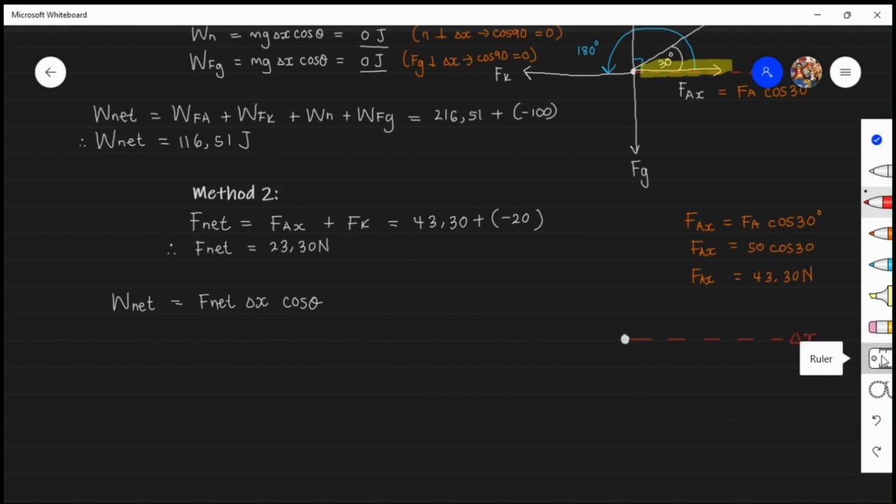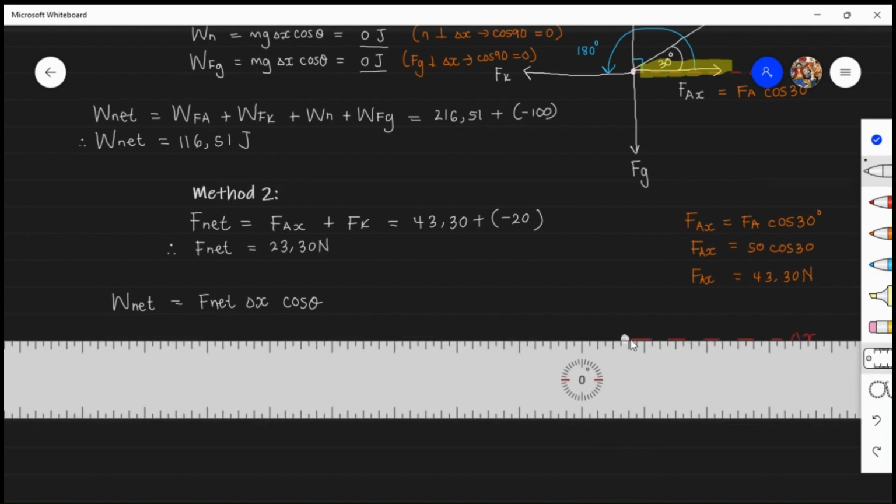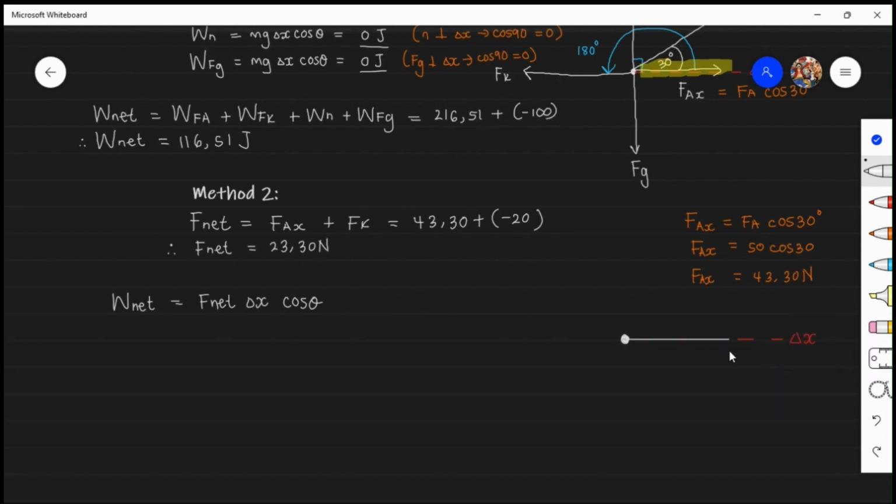And we can also draw our net force, which will also be moving in the right direction. And as you can see, our net force and our displacement are in the same direction and on top of one another, so there's an angle of 0 degrees between them. So theta would be equal to 0 degrees.